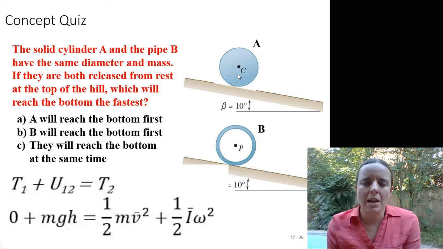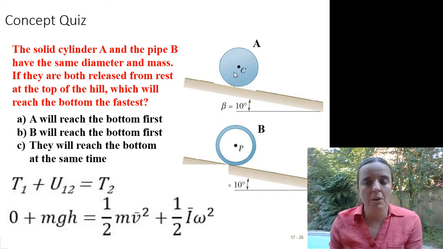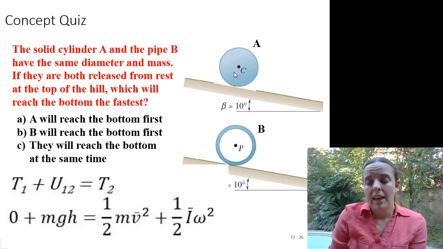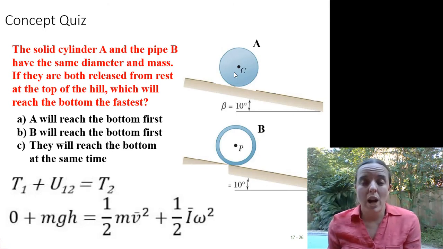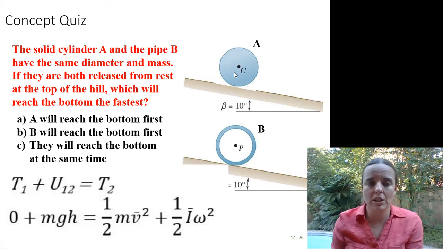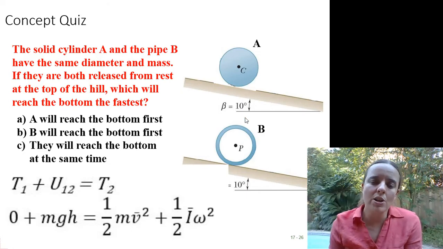So we have mgh. They start with the same potential energy, and that potential energy is going to turn into 1/2 m v squared and 1/2 I omega squared. So it's the same amount of energy, but some of that energy goes into translational energy and some goes into rotational energy. Which of these is harder to rotate?